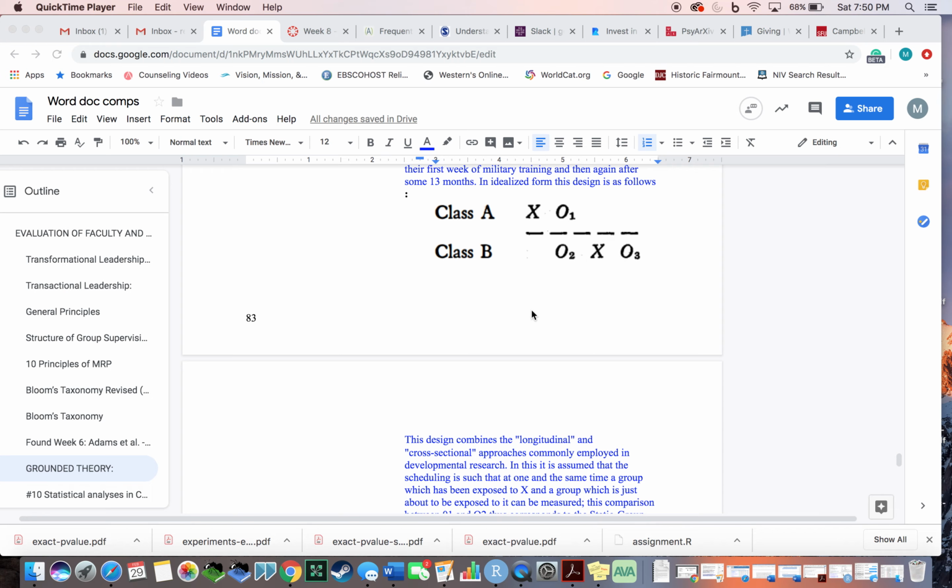Then down here, we would have another Class A and Class B for the hybrid program, and we would give them the treatment, have them go through the program, and then test their DSM nomenclature. So Class A doesn't get a pre-test, they just get a post-test. And then Class B of the hybrid program would get the pre-test and the post-test.